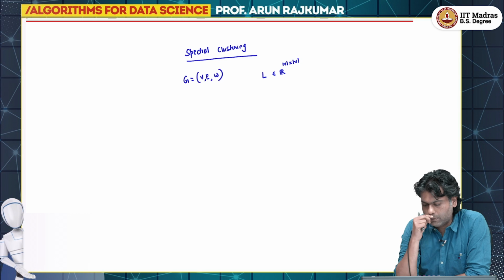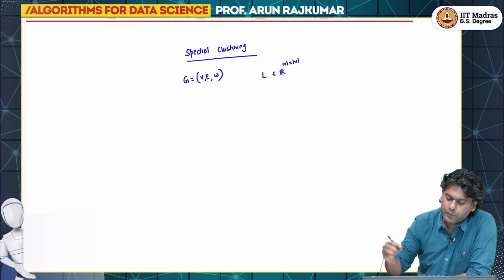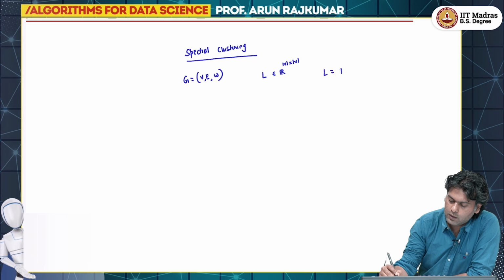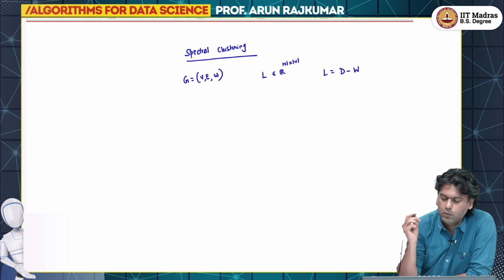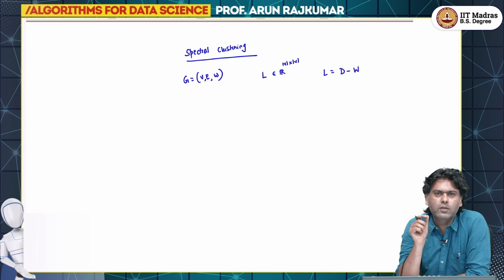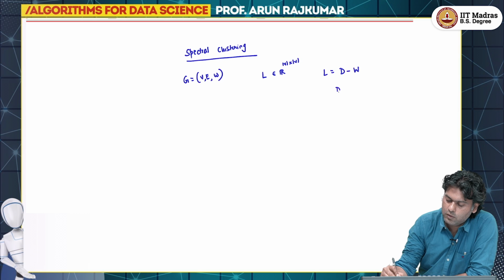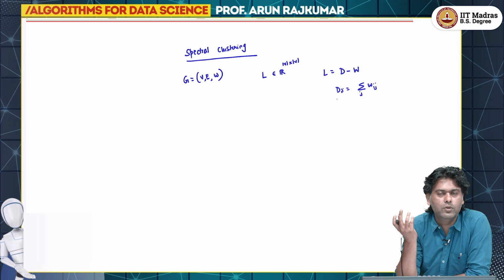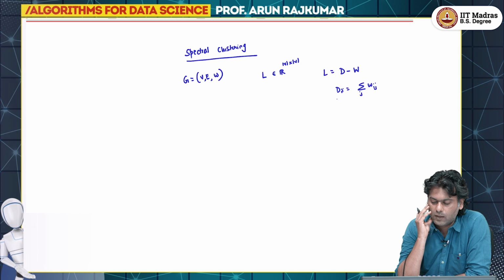So this would just be an n cross n matrix. And what was this matrix L? This was D minus W, where D is a diagonal matrix, where diagonal entries were just, so Dii if you remember was just sum over j Wij, and W of course is the weight matrix itself.